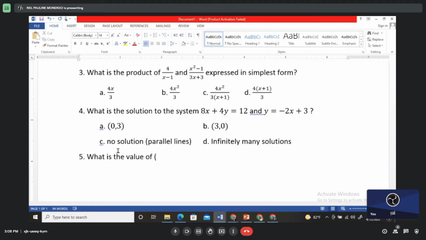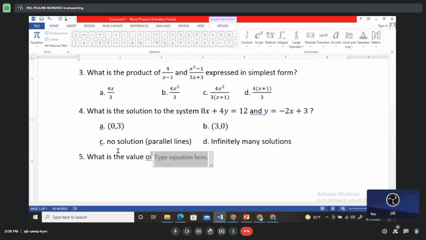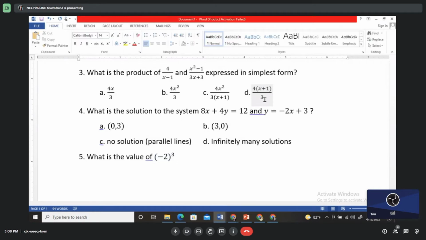We'll add an equation because it is a number and has a power. Script for the power, then open parentheses, negative 2, because negative 2 is included in what we cube, to the power of 3.